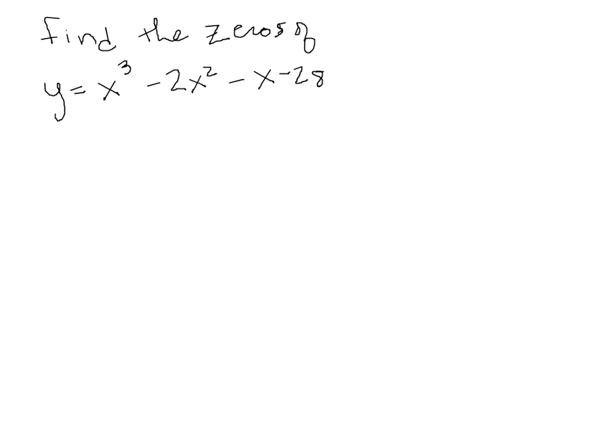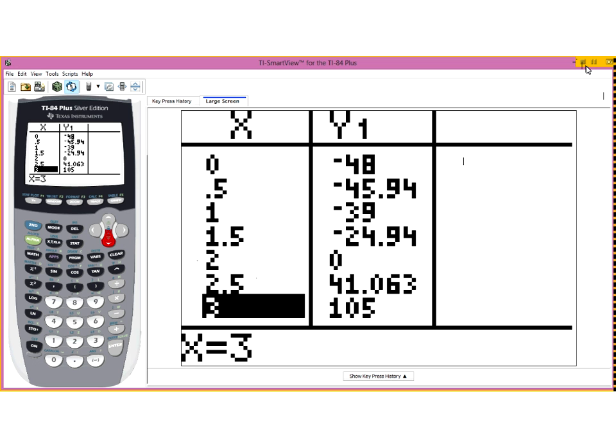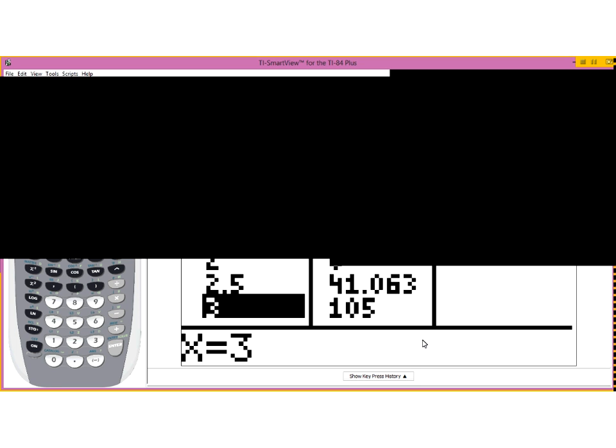We're going to find the zeros of this polynomial. Okay, I don't know anything about it, so I'm going to start by looking at its graph.